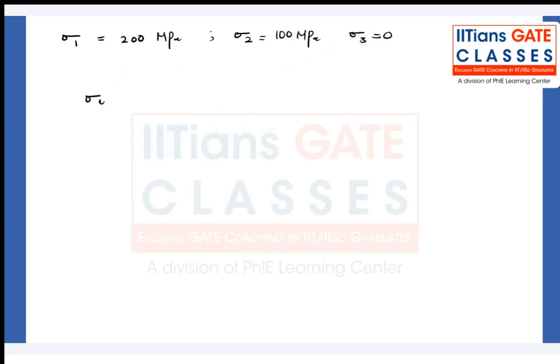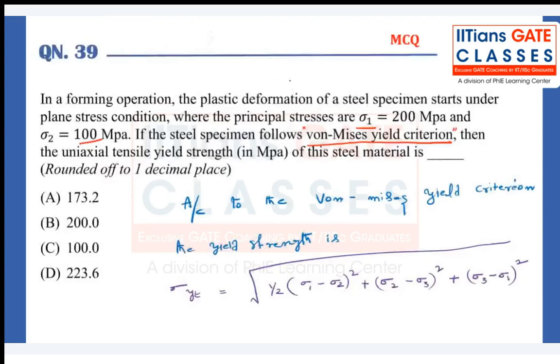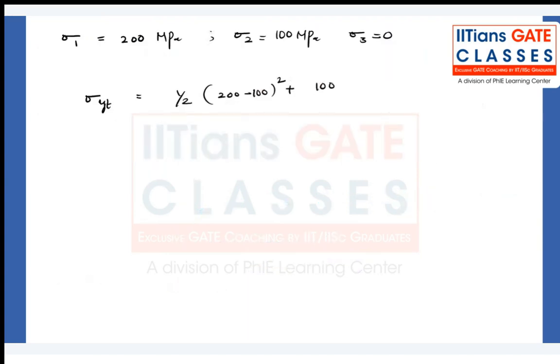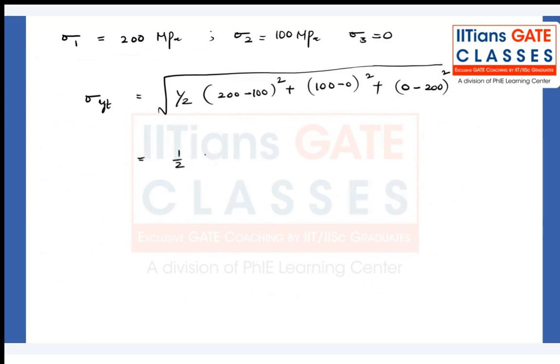Clear? Now the yield stress is equal to half into the square root of sigma 1 minus sigma 2, so 200 minus 100 whole square, plus sigma 2 minus sigma 3, 100 minus 0 whole square, plus sigma 3 minus sigma 1, 0 minus 200 whole square.